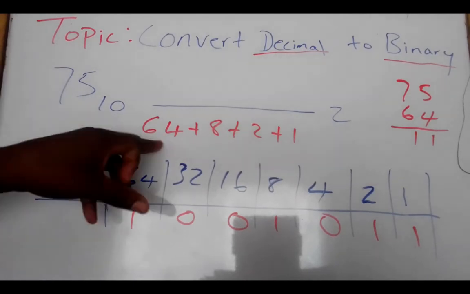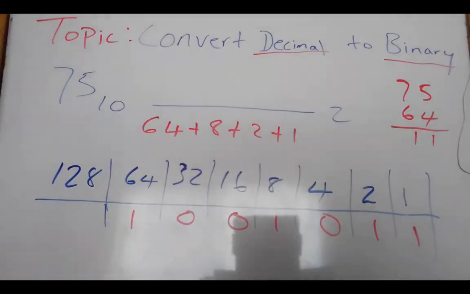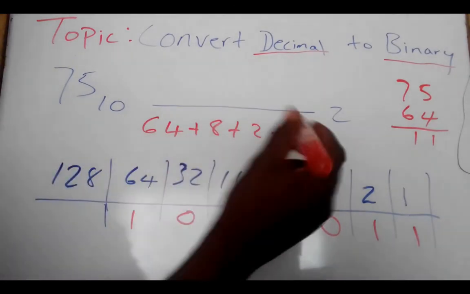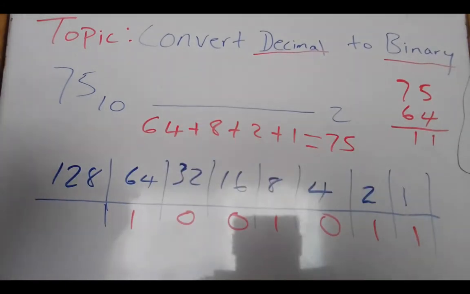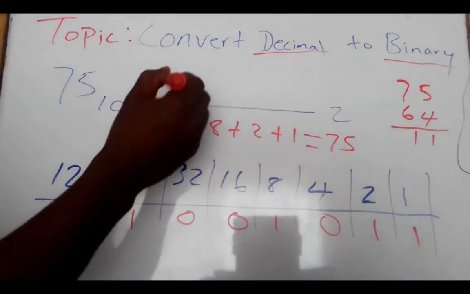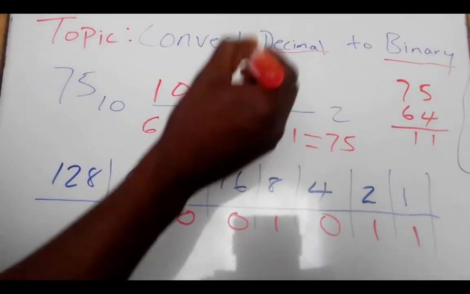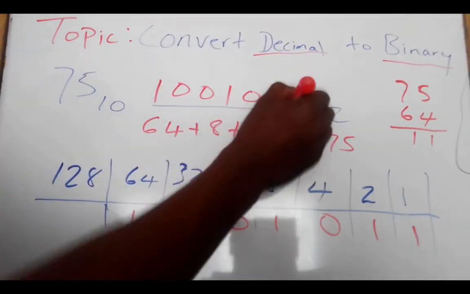So we have 64 plus 8 plus 2 plus 1 equal to 75. Therefore, 75 can be written in binary as 1, 0, 0, 1, 0, 1, 1.